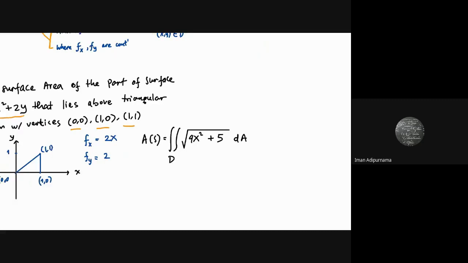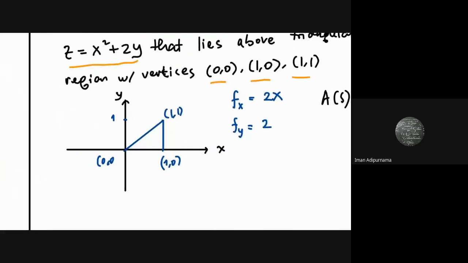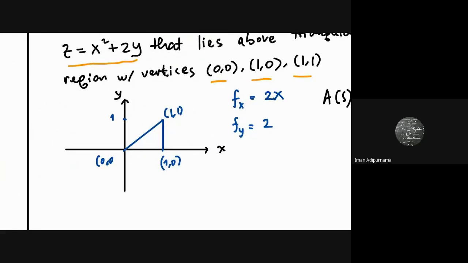Okay, now we can look for the boundary from here. Let's say from x. So x equals 0 until x equals 1. You can see that it is changing its y through here. And we know that because it's just a line. This is y equal x, because we know the points 0, 0, 1, 0, and 1, 1. So it must be y equal x.